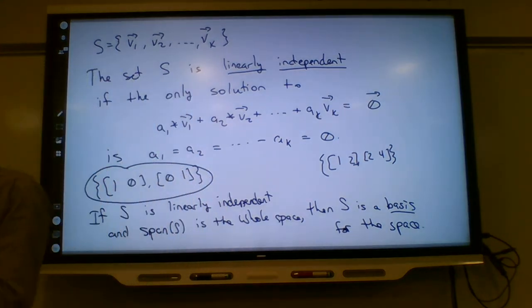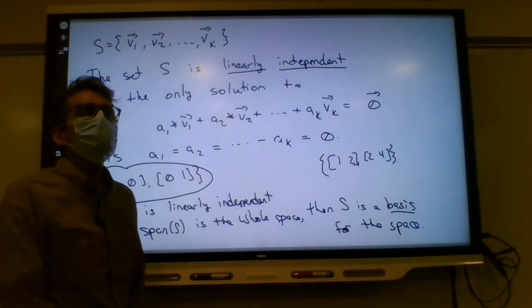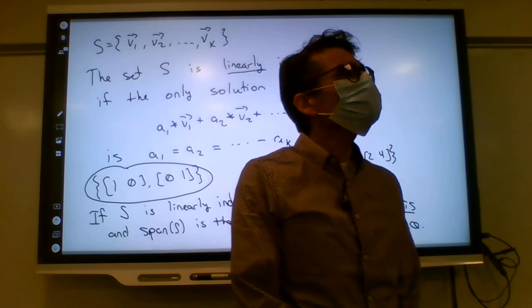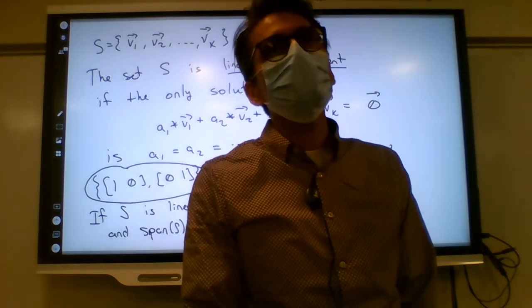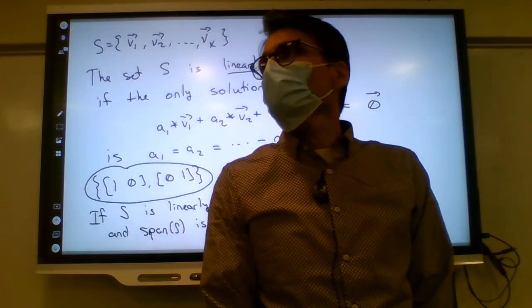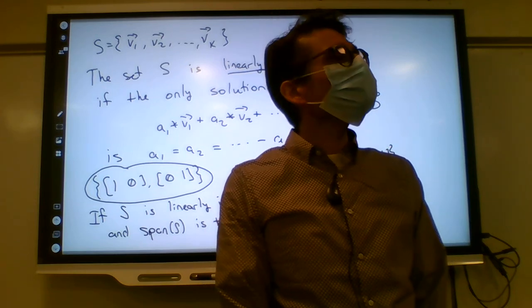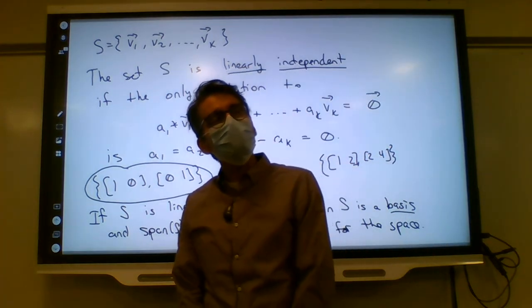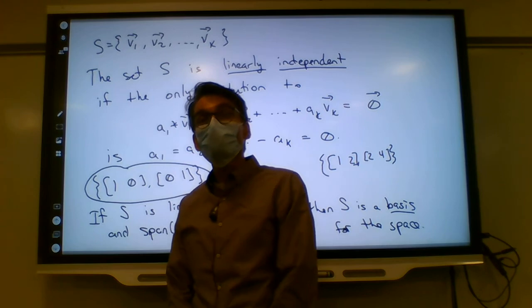You can't build everything in 2 dimensions. So how many vectors do you think you need to construct all of two-dimensional space? So how many vectors have to be in a basis? There have to be 2, right?